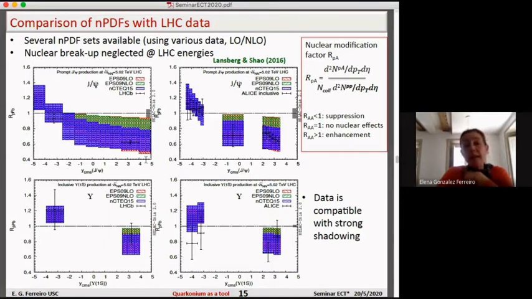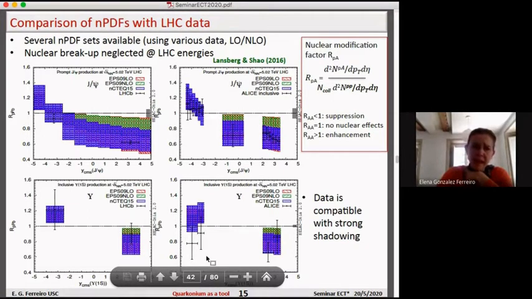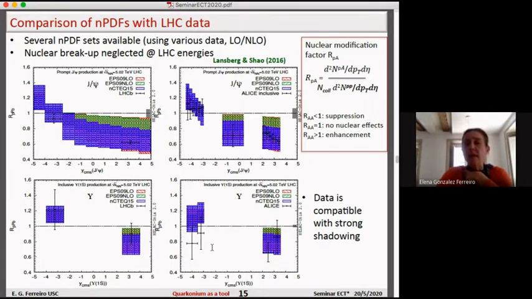They give different results, but in any case, what you obtain is a suppression when you go to larger rapidities, so to small x, and also for the bottomonium, except mainly in this part that corresponds to large x, to the backward rapidity region.